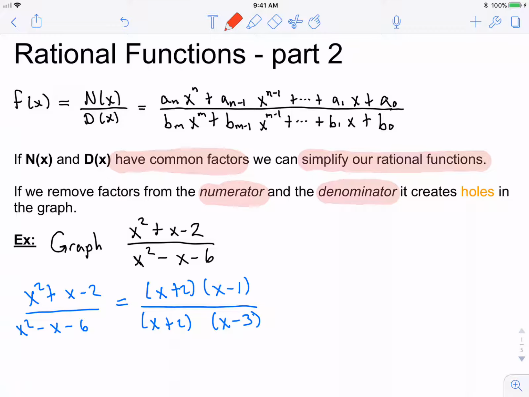We have an x plus 2 and an x plus 2. By our rules of division, we can cancel these out and simplify our graph to just look like x minus 1 over x minus 3. And now we have no common factors.